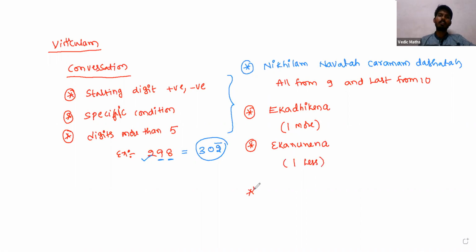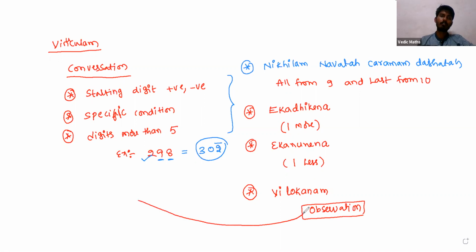And another formula we can write here, that is Vilokanam. Vilokanam means observation. Observation we are doing whether the given question is based on which condition. That is the reason we have to observe that. So the Vilokanam sutra also I am including here.